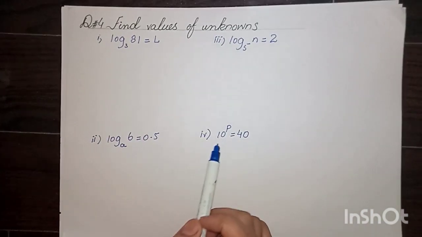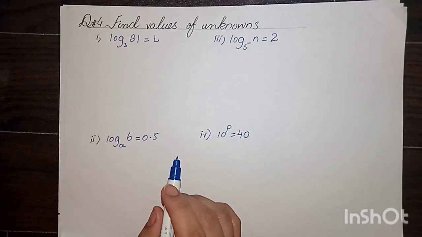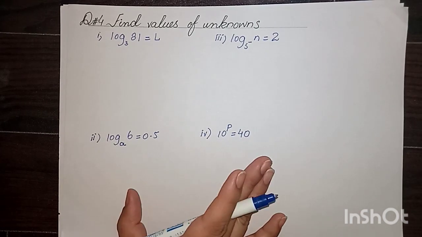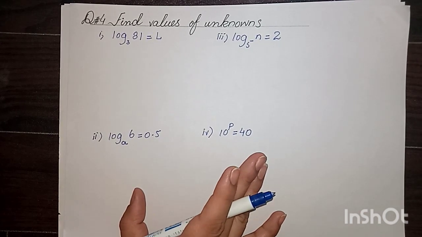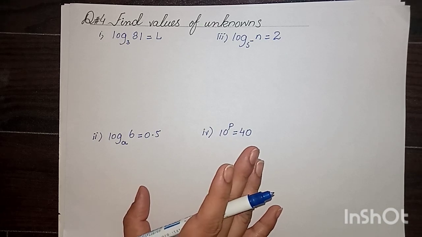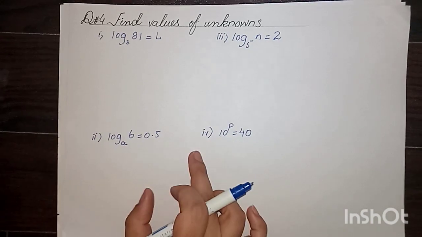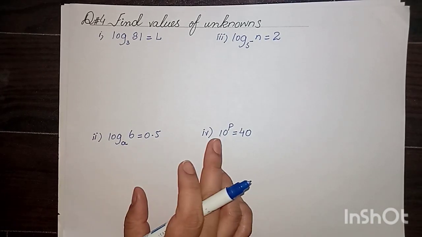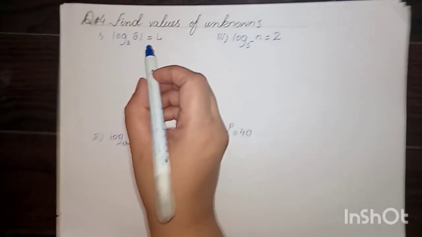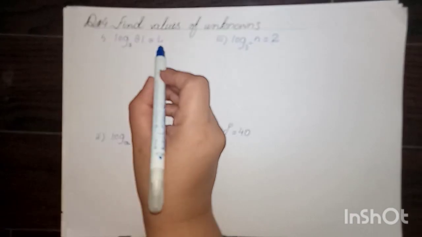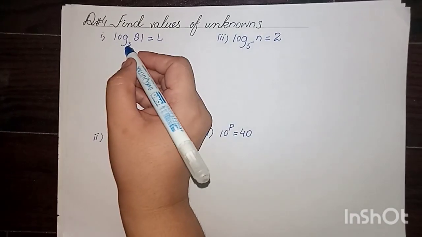These bases are not equal to 10. So for these types of questions, we will use the forms of logarithm: logarithmic form and exponential form. First of all, we will convert this logarithmic form into exponential form.